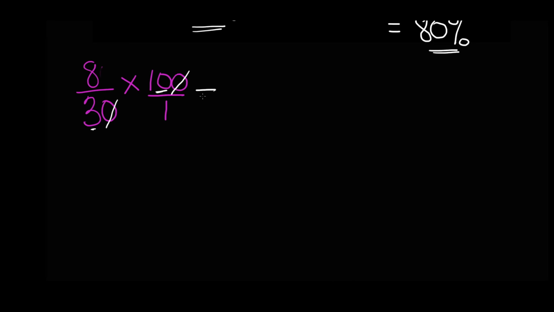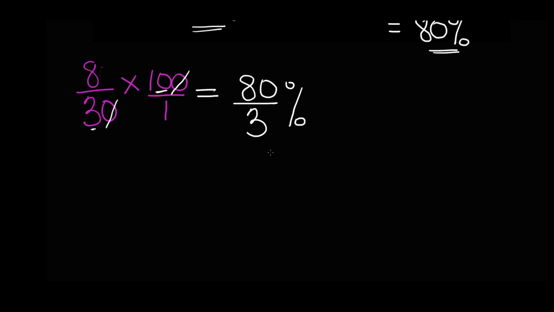Okay, so I can multiply out right now because nothing else can go. So I can say 8 times 10. That will give me 80. 3 times 1 gives me 3. And remember, it's going to be what? Percent. 80 over 3% is my final answer.